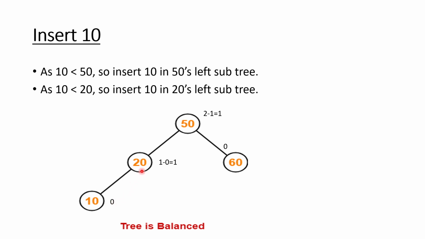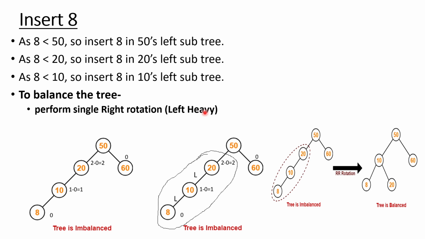For 20, left subtree height is 1, right subtree 0. 1 minus 0, that is 1. Next, 60 is a leaf node and height is 0. For 50, left subtree height is 2, right subtree height is 1. 2 minus 1 is 1. All the nodes have balance factor either 0 or 1. So it is a balanced tree.